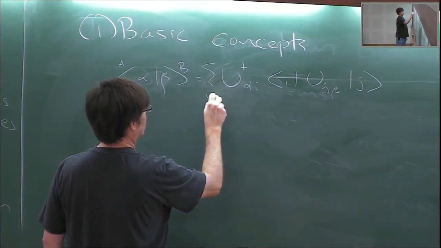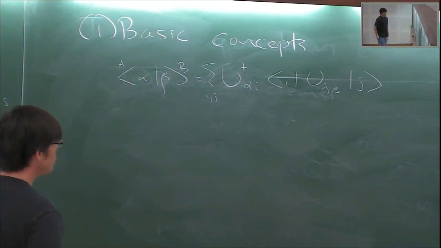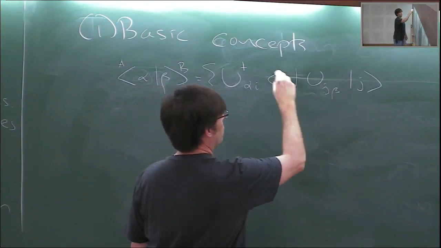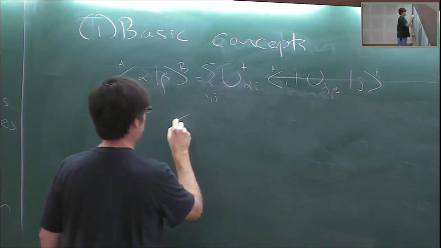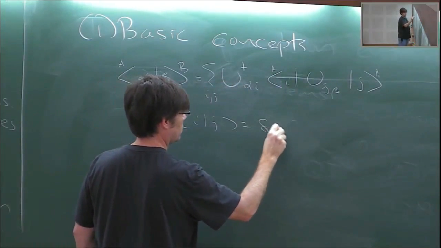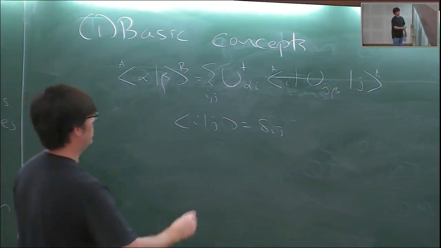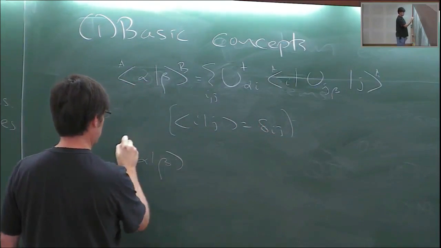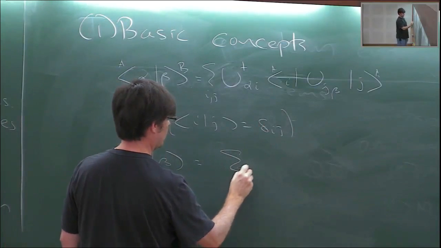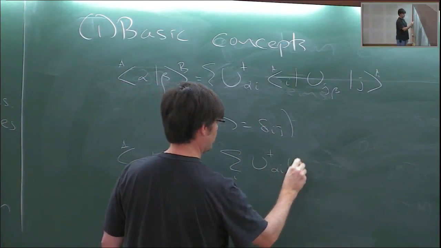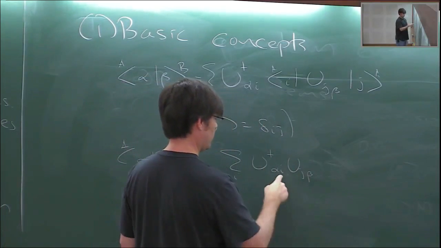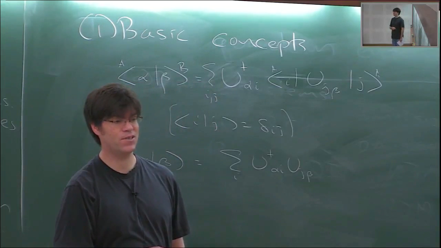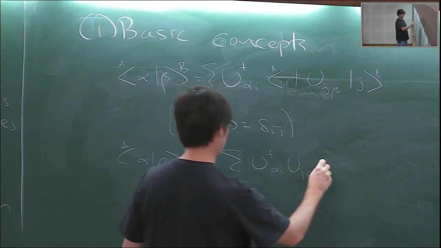Now, because I started with an orthonormal basis here, <i|j> is delta_ij, this becomes sum on i of U dagger_alpha i U_i beta. But I told you these are unitary matrices, and for a unitary matrix, the Hermitian conjugate is the inverse. So this is just delta_alpha beta.